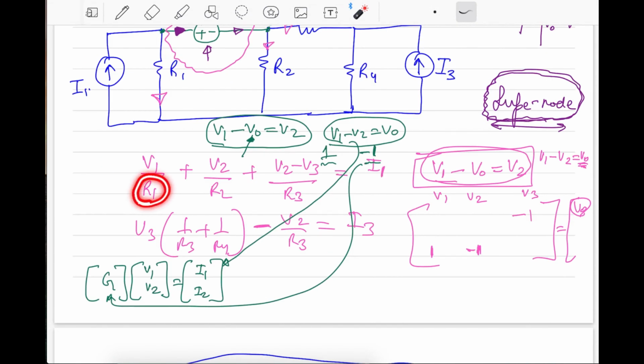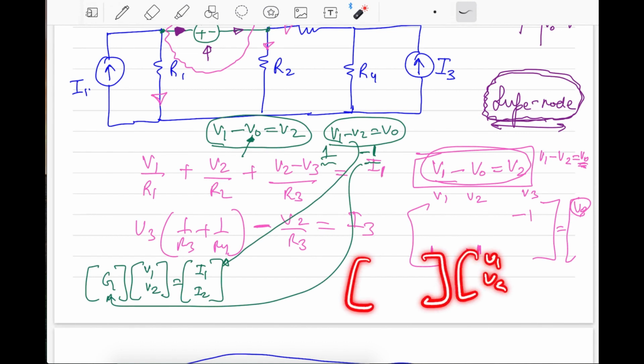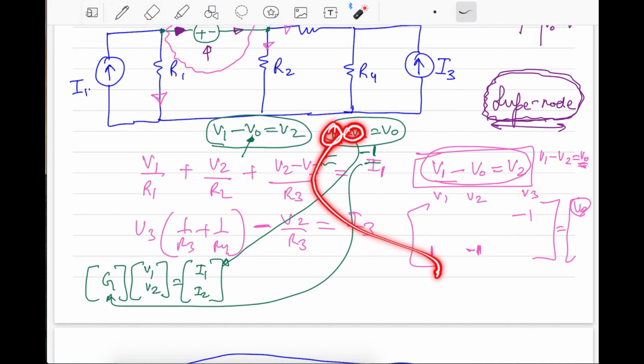This is 1 by R1, the coefficient of V1, 1 by R2 is the coefficient for V2, and 1 by R3 is the coefficient for V3. Similarly, because you have to write one equation yourself, you see here the coefficient of V1, what is that? 1, right? And the coefficient of V2 is minus 1. So once you write a conductance matrix with V1, V2 and V3, definitely there will be a 1 and a minus 1 somewhere. That 1 and minus 1 is what I was telling. Okay, sir.